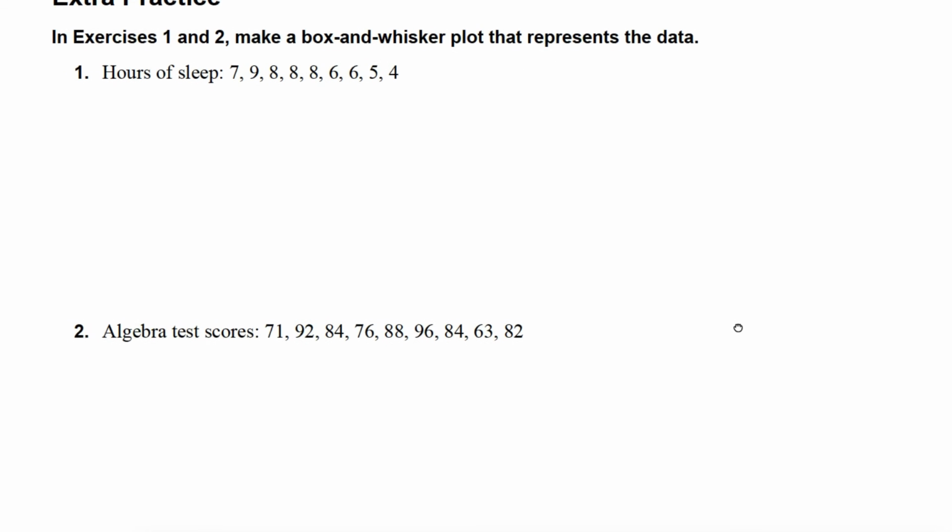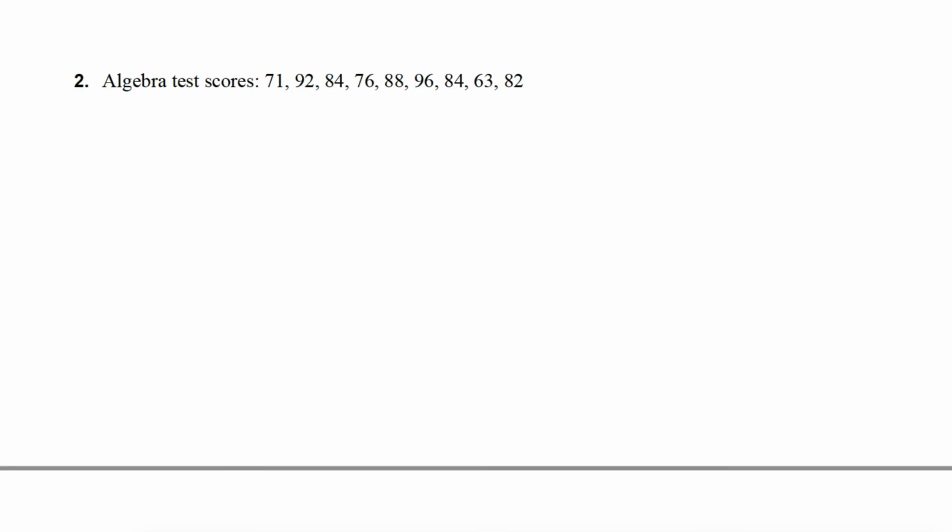Let's go to the next one. The algebra test scores are, and it gives us the test scores. Our first thing to do is to put them in order from smallest to biggest.